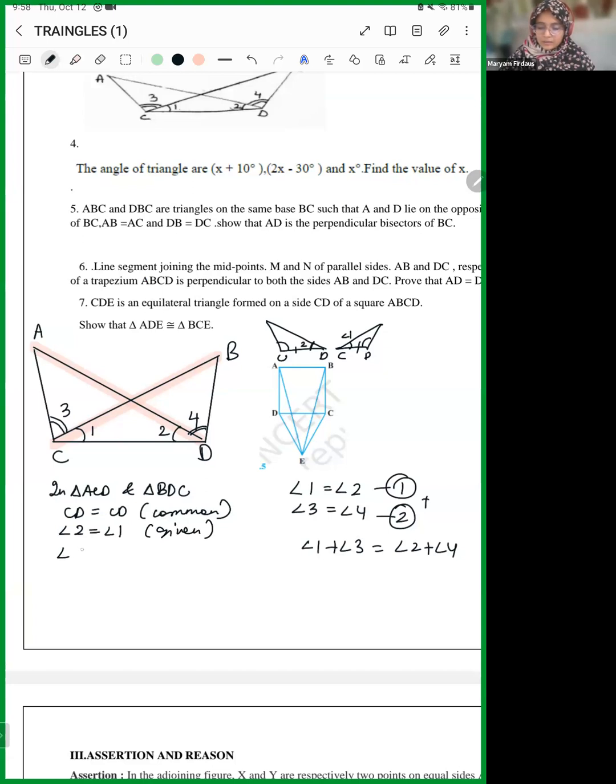Angle 1 plus 3, which is this thing, basically means angle ACD is equal to angle BDC.